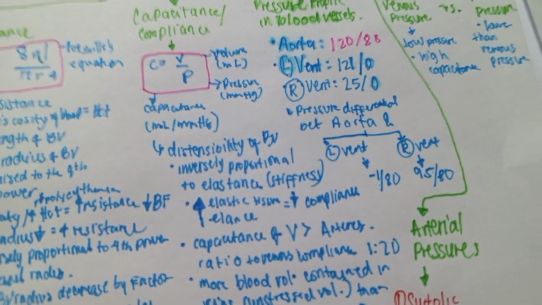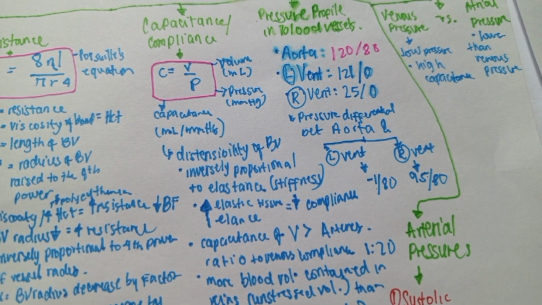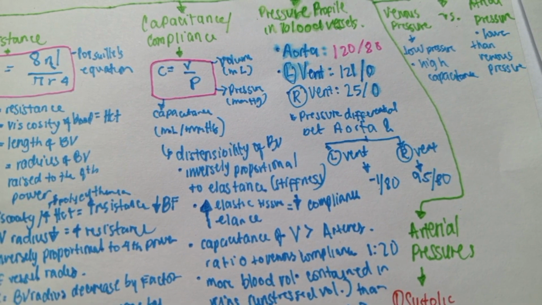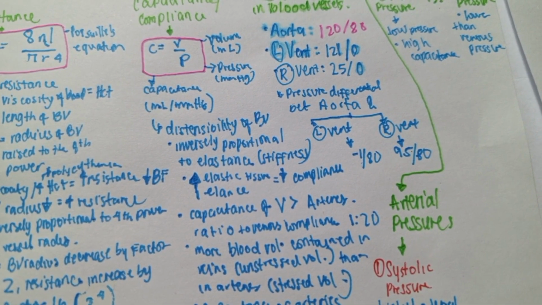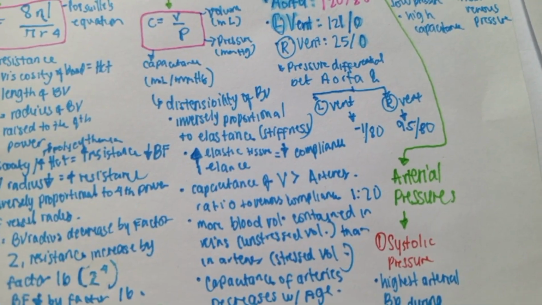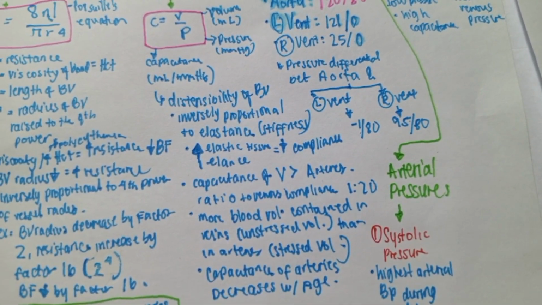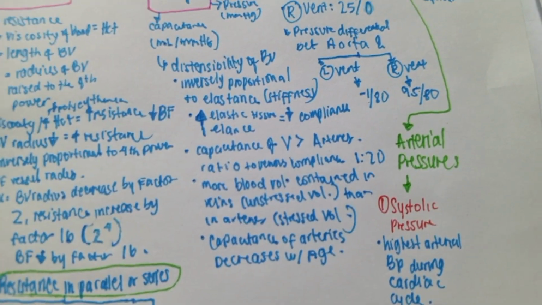So the higher the elastic tissue, there will be higher elastance, there will be decreased compliance. So the capacitance of the vein is greater than the artery. And the ratio to venous compliance is 1:20.